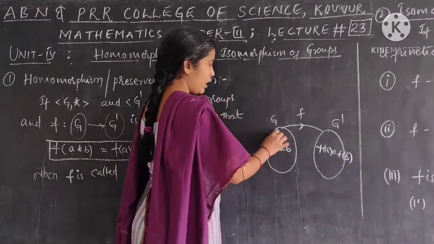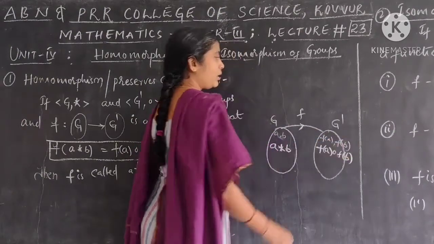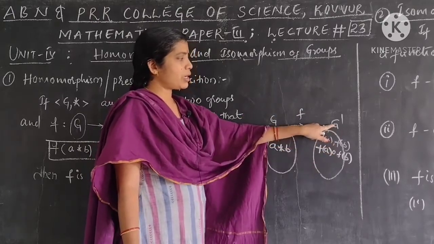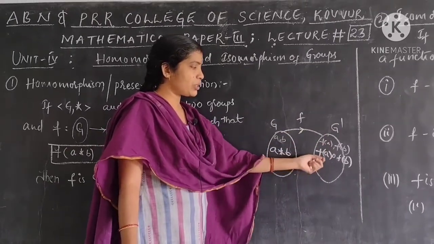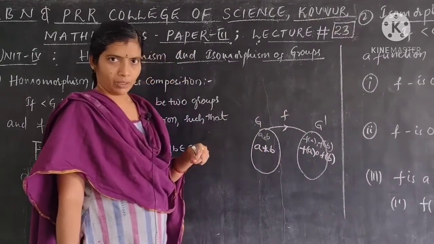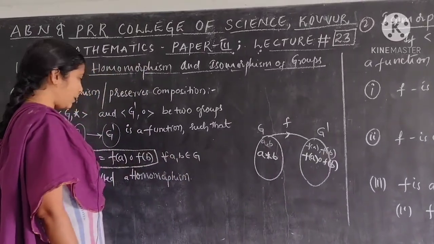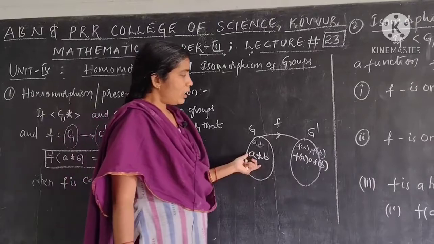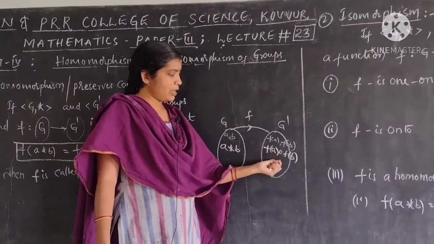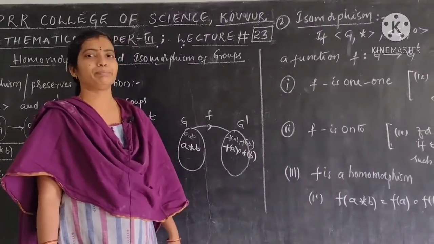You know that whenever a and b are the domain elements, the images f of a and f of b are in the codomain. Because in G dash the composition is circle, their composite element is f of a circle f of b. If any function transforms a composite element a star b into the composite element f of a circle f of b in the codomain, then that function is called a homomorphism.